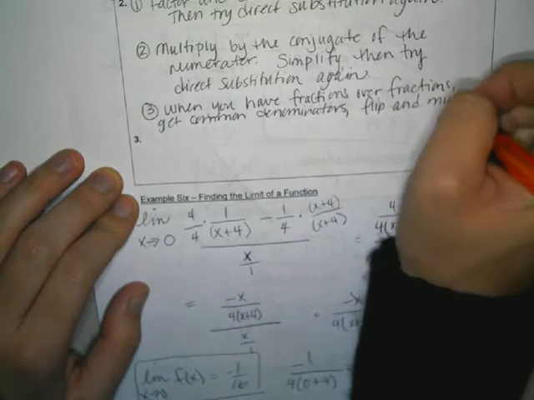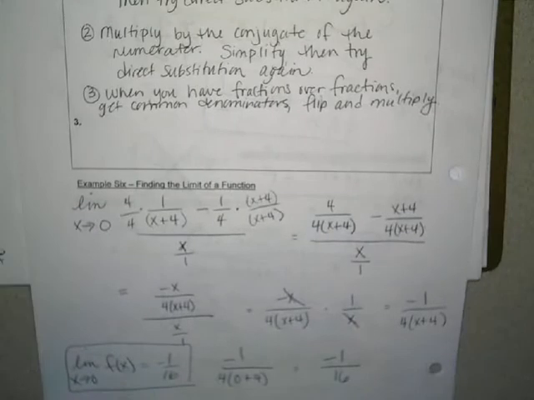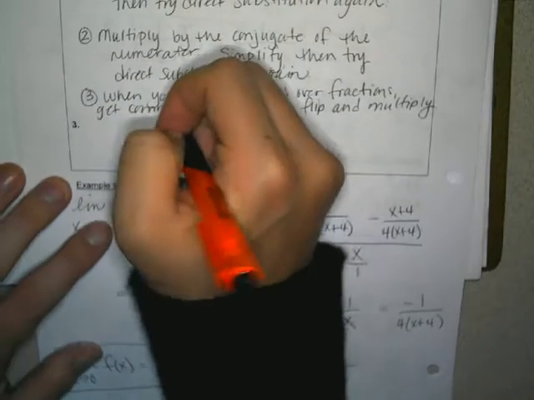Then flip and multiply. So when you get fractions over fractions, get common denominators, flip and multiply. And then after we flipped and multiplied, what was the last thing we did? Yeah, directly substitute. So then directly substitute.